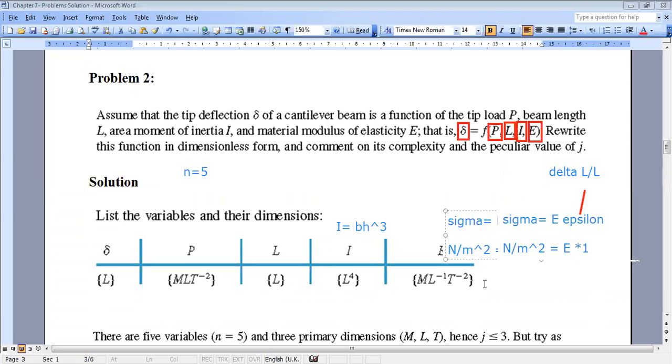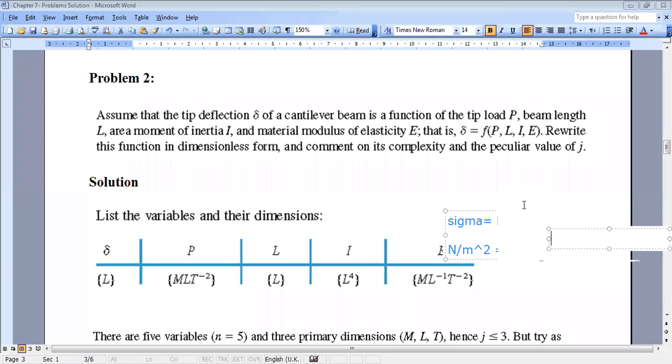So the second step, as we did, is to determine the dimensions of all the variables we have. And now the third step is to look at the independent dimensions we have. What are the dimensions that we have here?